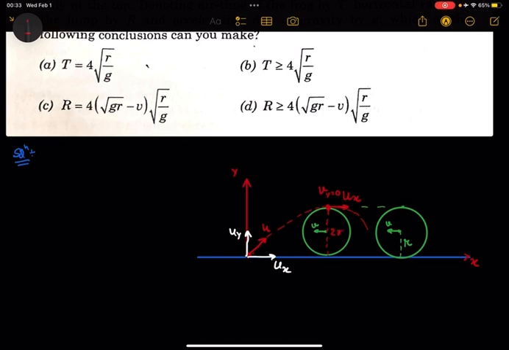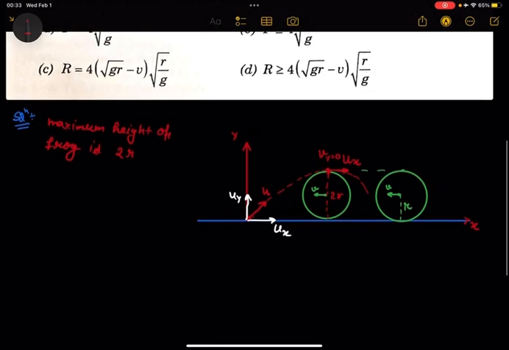So we can use the maximum height formula. The maximum height of the frog is 2r, so this is the safe condition or safe jumping.